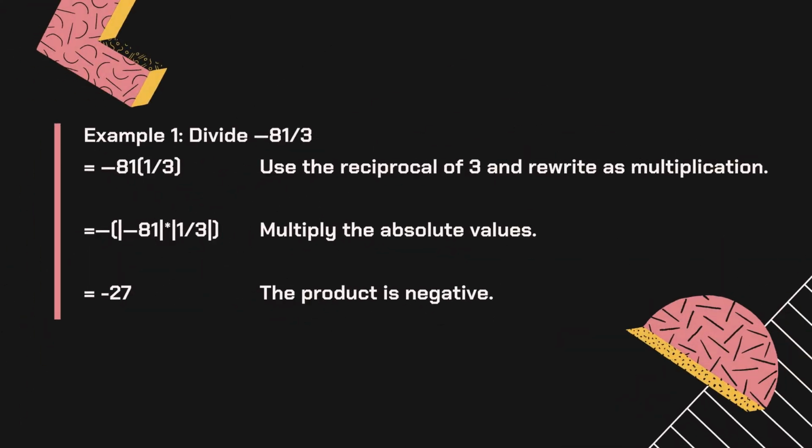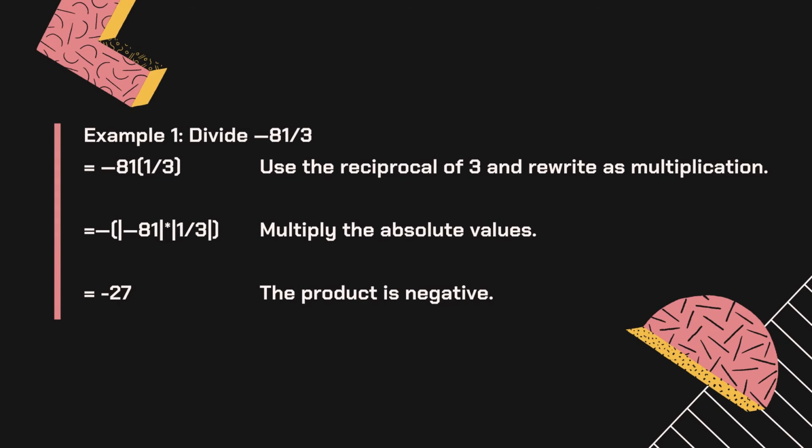Example number 1. Divide negative 81 and 3. So first, let us use the reciprocal of 3 and rewrite as multiplication. So negative 81 times 1/3. Then let's multiply the absolute value of negative 81 and 1/3.